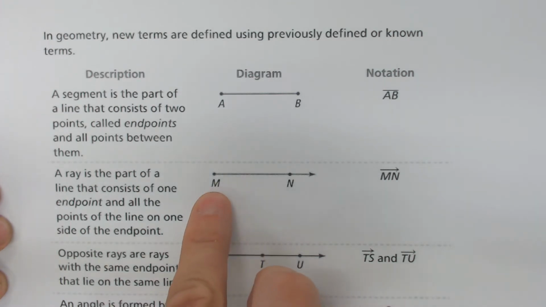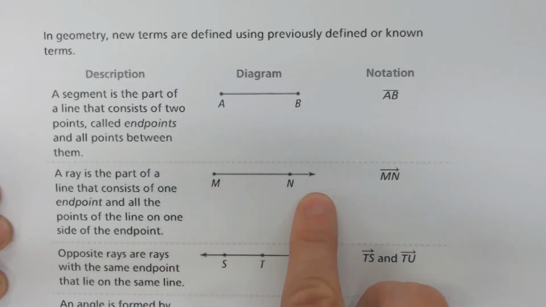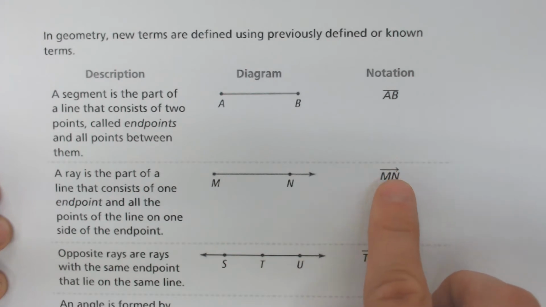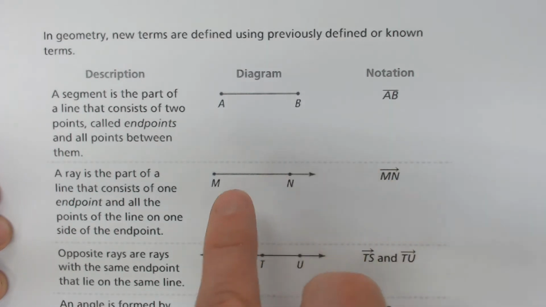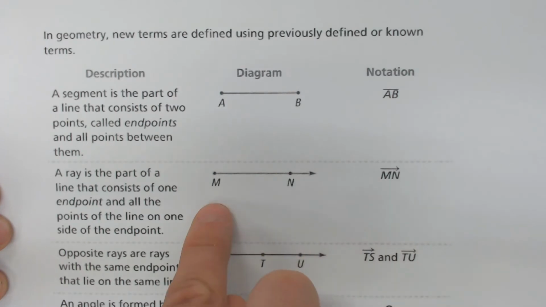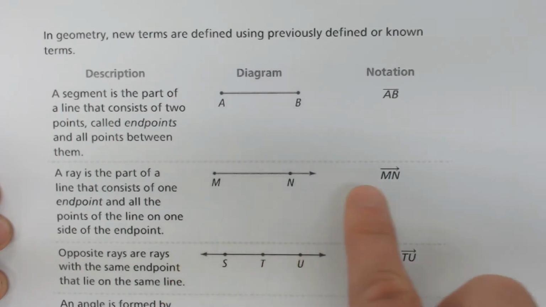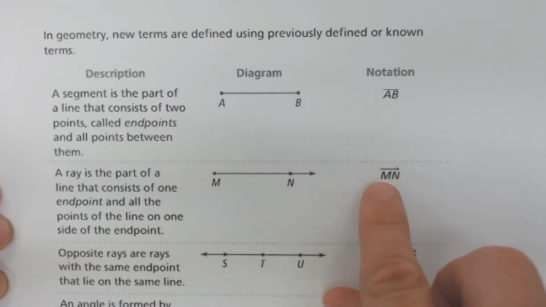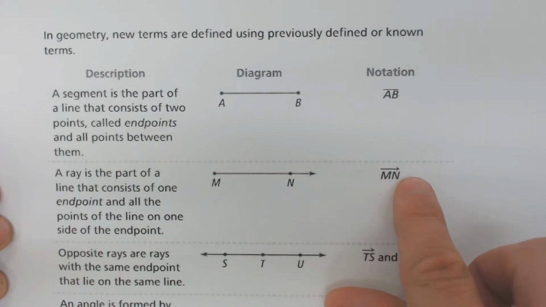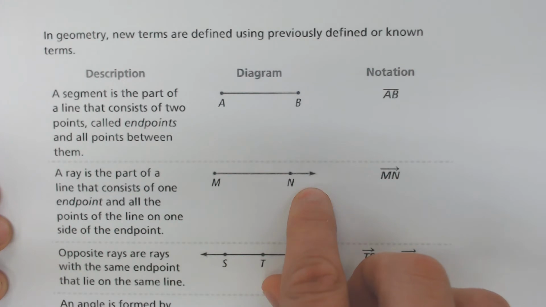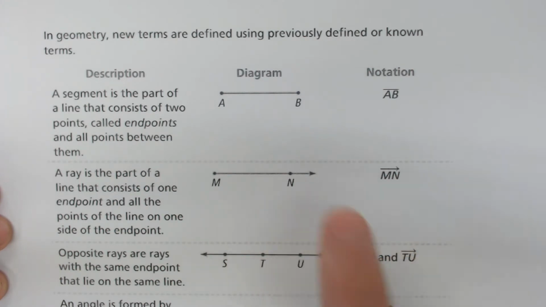So it starts at one location, and it goes in one direction, and the notation is the same as well. And here is the first time where you actually have to be careful where that arrow is going because it is going from M to N, and the arrowhead is above the N, and that is where the arrow is pointing on our ray.